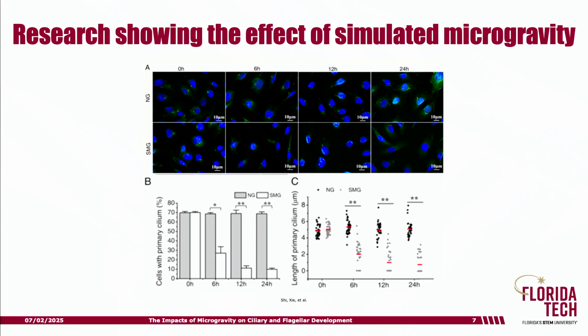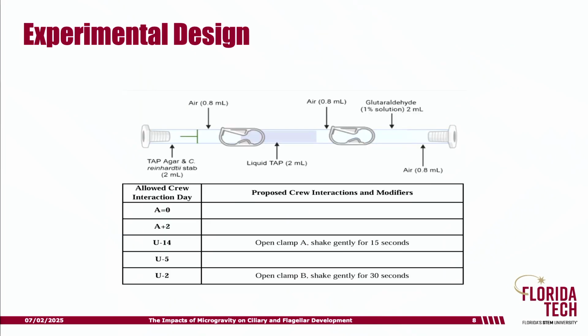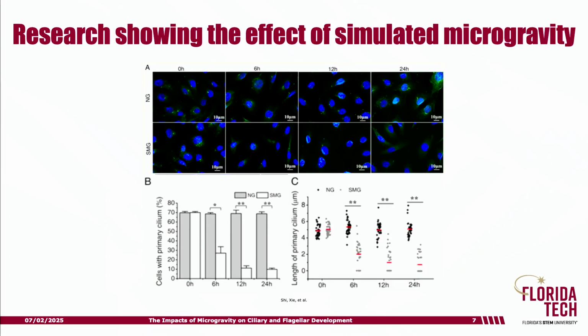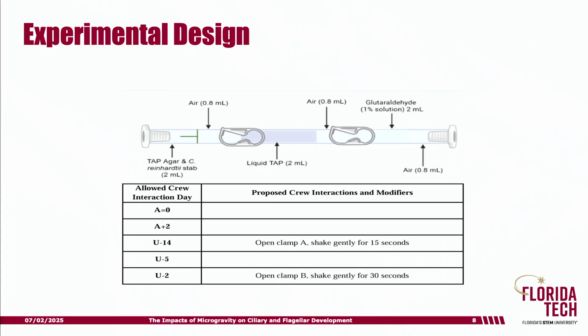In part B, you can see that the cells with primary cilium is a lot less than the normal gravity when compared to the simulated microgravity. Same thing for part C. You can see that not only is there less cells with primary cilium in simulated microgravity, you can also see that there is a shortening of the length of the primary cilia.